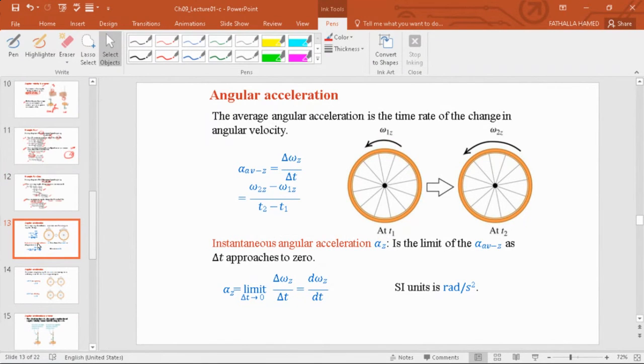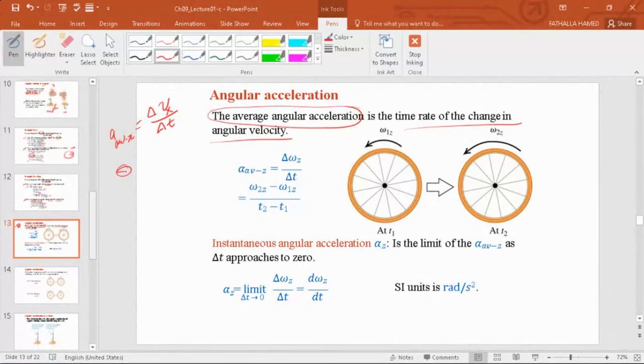Now, like what we did in linear motion in one dimension, we talked about average acceleration, and we put x, and we said this is equal to delta vx by delta t. So here we're going to look at average angular acceleration, which is the time rate of change in the angular velocity. So we use the symbol alpha.